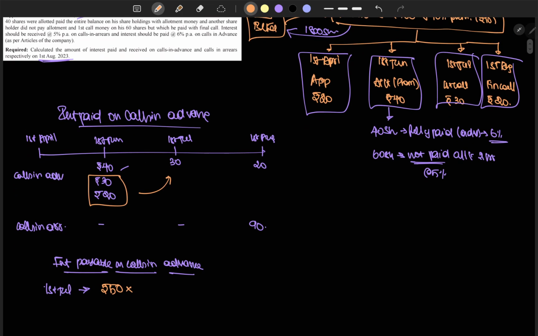That is 50 into 40 into 6 percent into 1 month, which is 10 rupees.